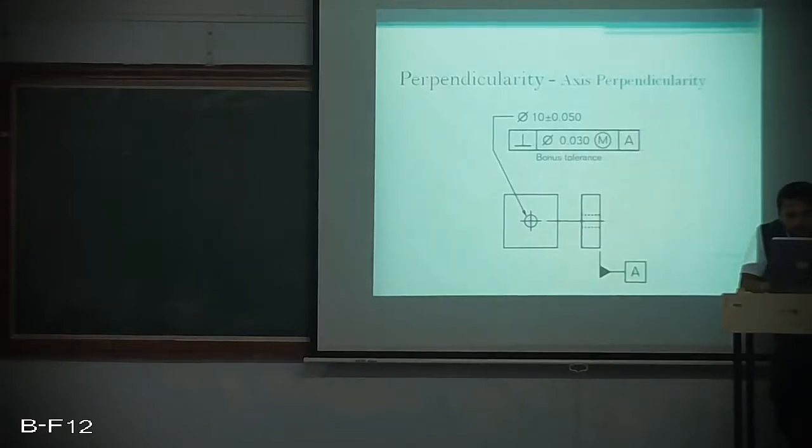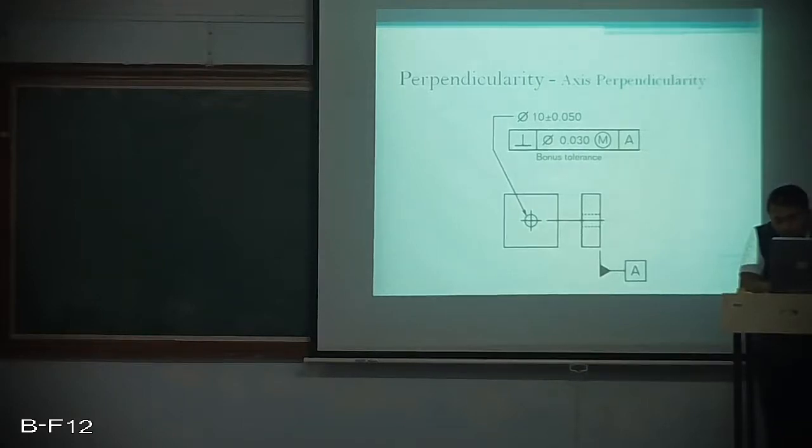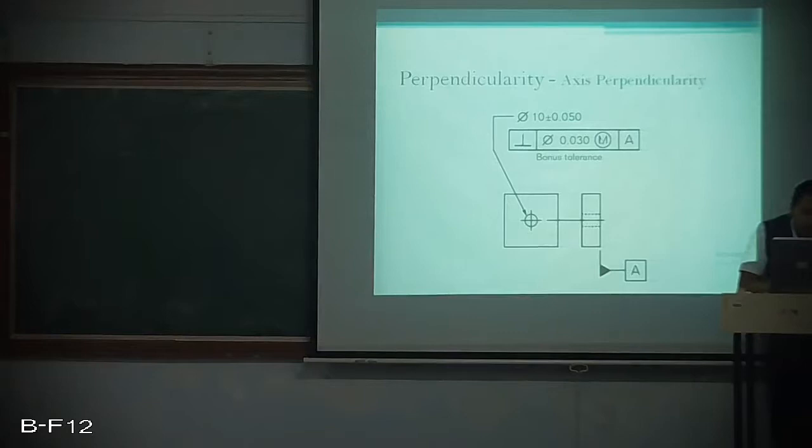And this perpendicularity can also be used for the axis of the hole. Now, this is better demonstrated by using this diagram. But one more condition they have used is the perpendicularity symbol, followed for the axis by the diameter symbol with a tolerance of 0.030, and something they have told, that is M circle that represents the maximum material condition for the hole.